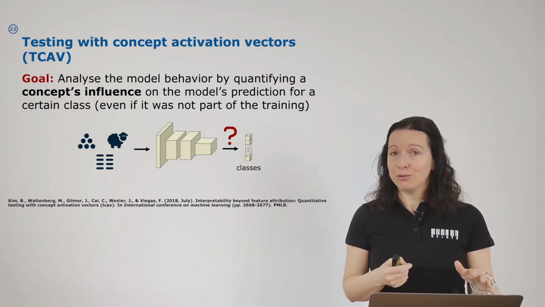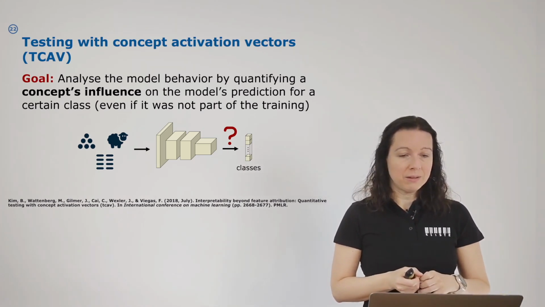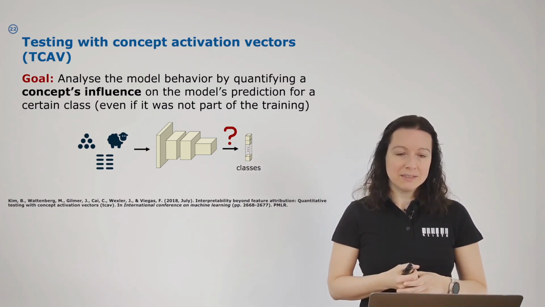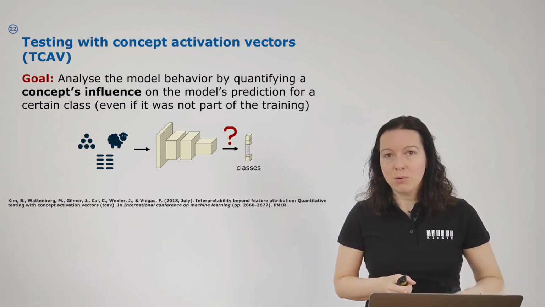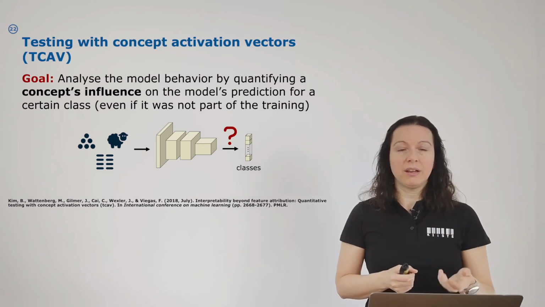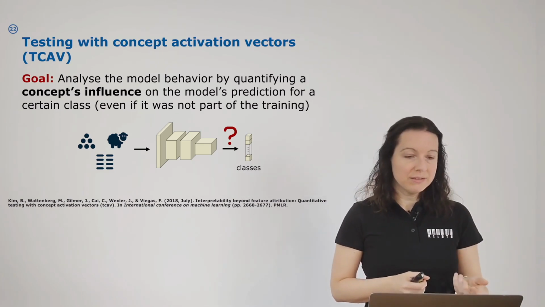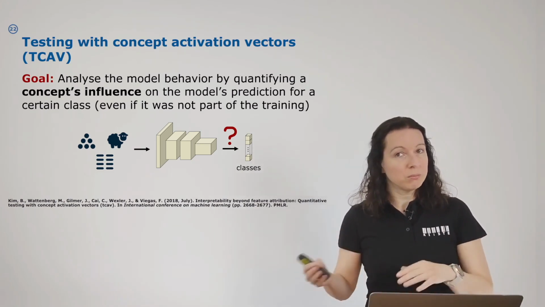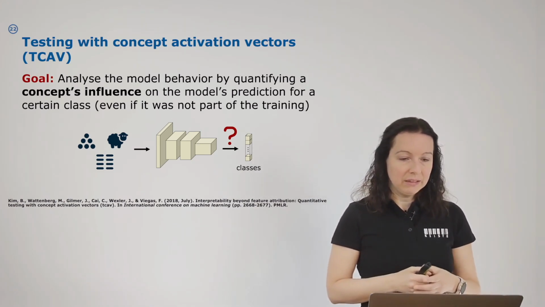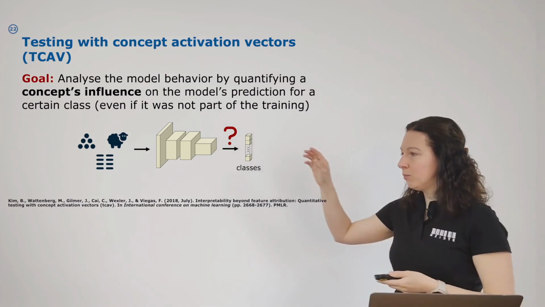There are already also some works in the area of remote sensing. The goal is to analyze the model behavior by quantifying a concept's influence on a model's prediction for a certain class, even if it was not part of the training. That's an important thing.